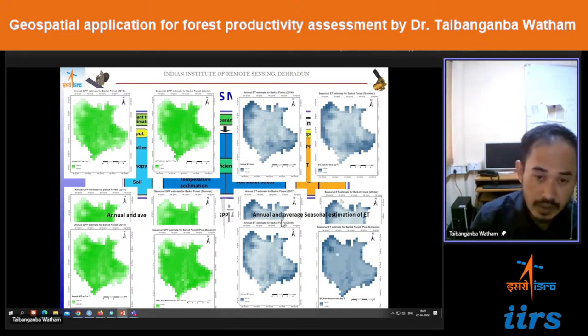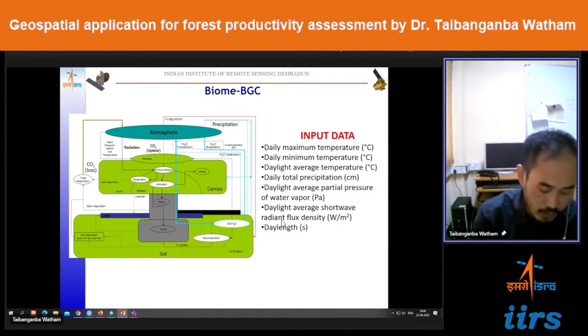Coming next is one more advanced model, like BioBGC or the DGVM models, which use all the processes involved, not only in photosynthesis, like the climatic parameters, how they are interlinked, and then the soil parameters, like how they are again driving the respiration or the ecosystem or the soil nutrients available on the ground. It covers how much nitrogen fixation is taking place. All those, a more complete biogeochemical cycle model. So it is more of an advanced one.